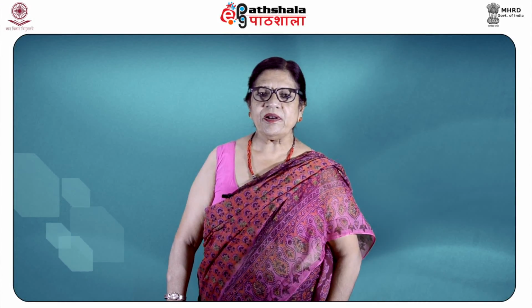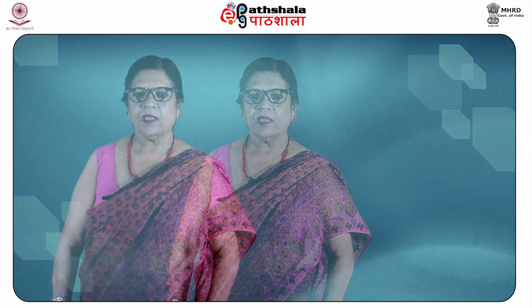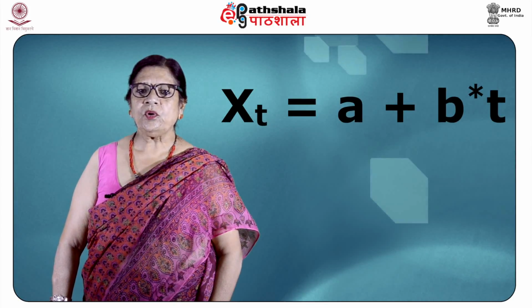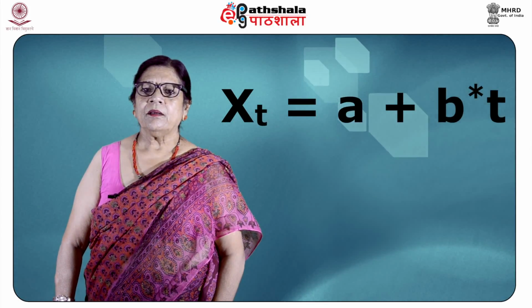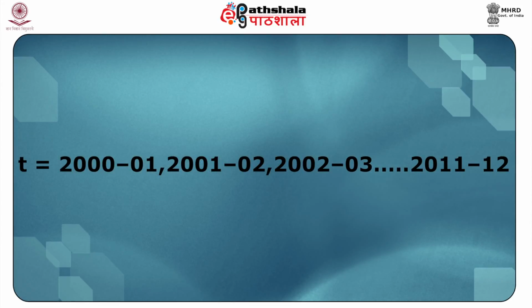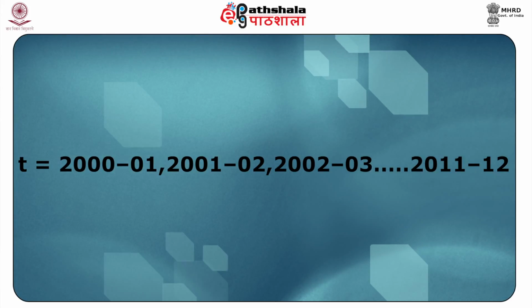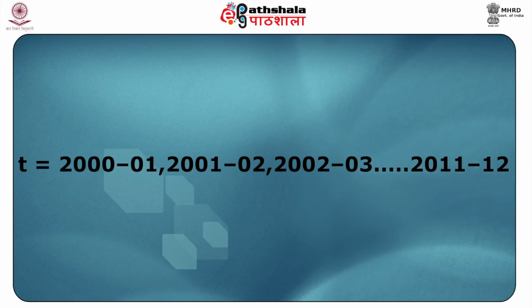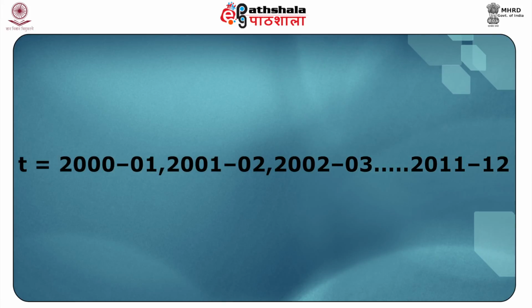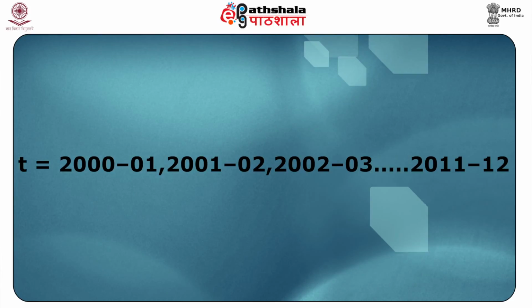We can generalize this linear relation between time and sales of the product X as follows. XT is equal to A plus BT, where XT is equal to total sales of the good in period T, T is equal to 2000-2001, 2001-2002, 2002-2003 up to 2011-12.